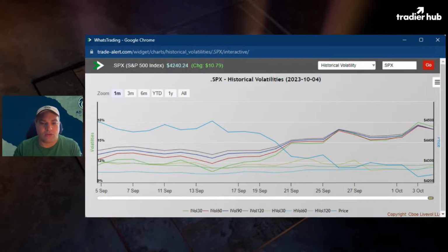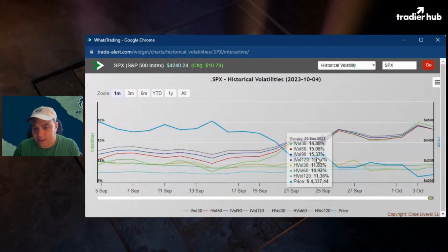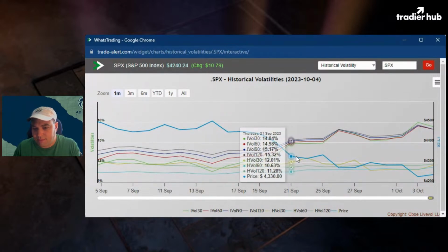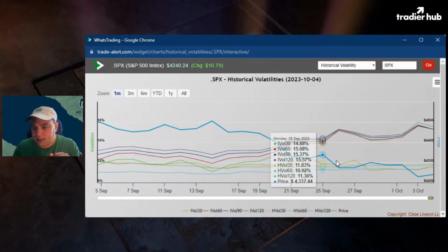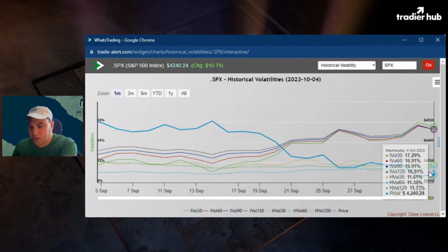But historical volatility has shown that. So if we take a look, all the historical volatility lines, starting around 21 September, when I started harping about this, have stayed relatively low. These percentages in this box here are showing an annualized percentage of what the historical volatility has been over that time period.